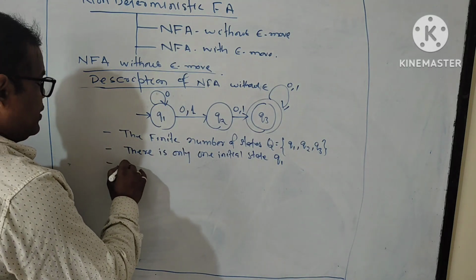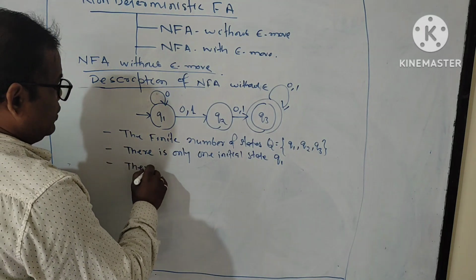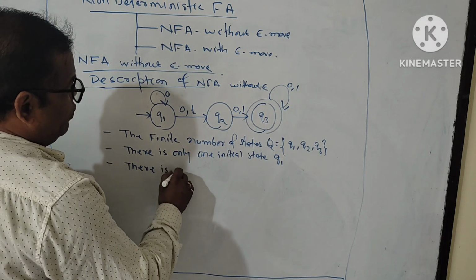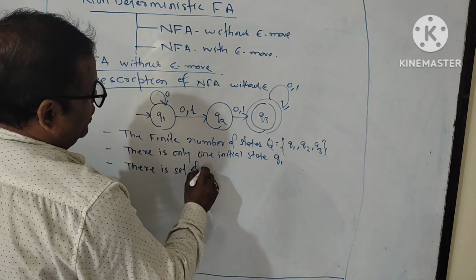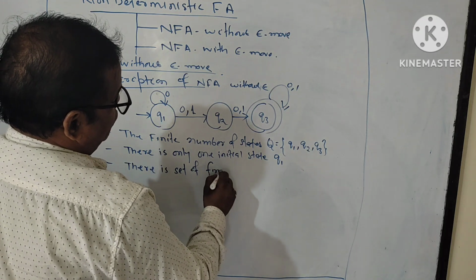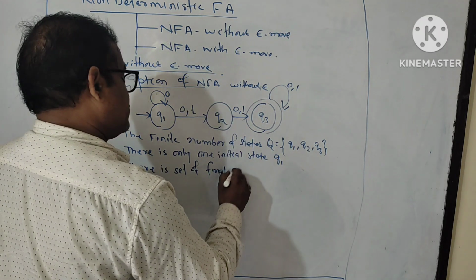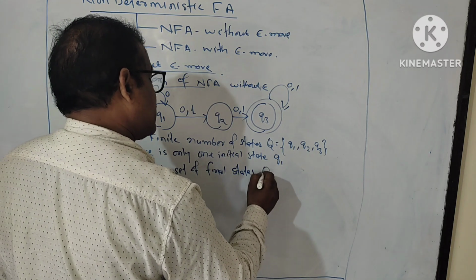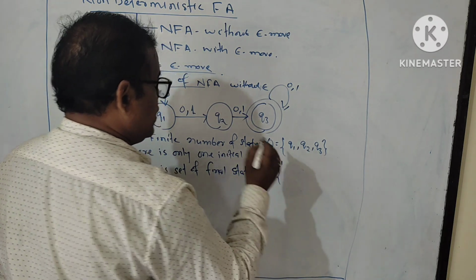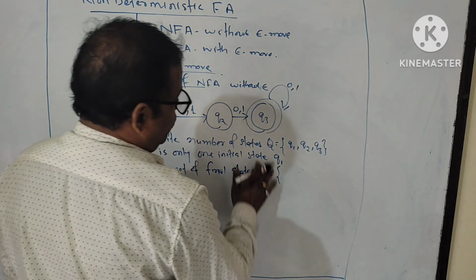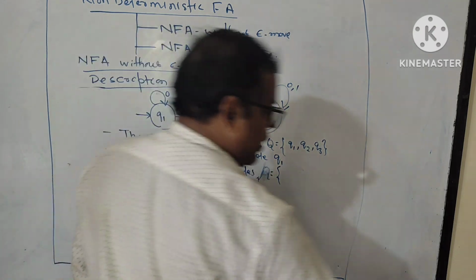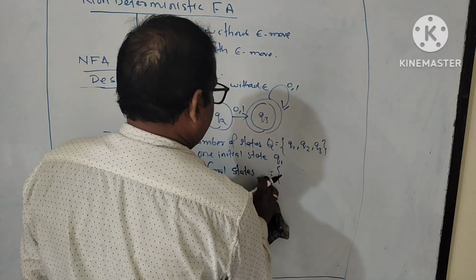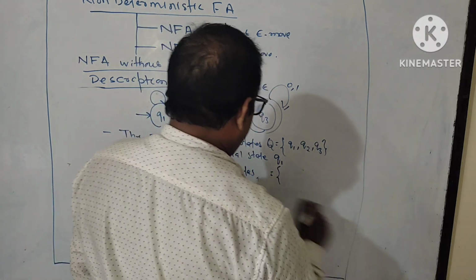Let's see that there is a set of final states. We denote it as capital Q. Sorry, we can denote it as capital F.